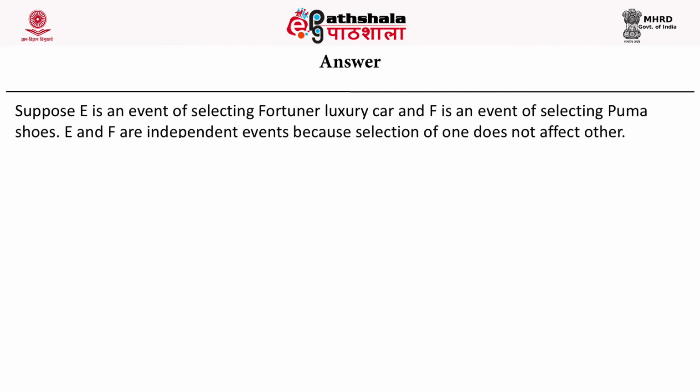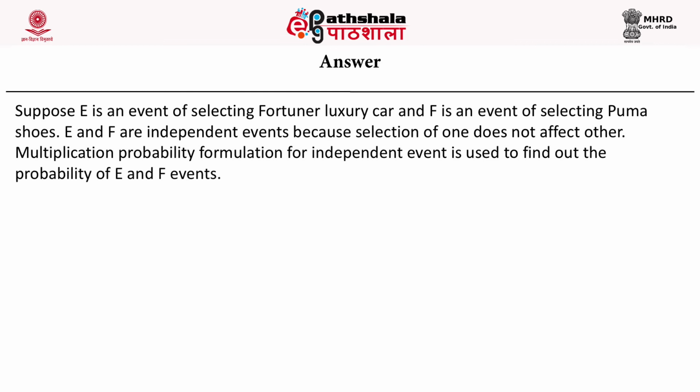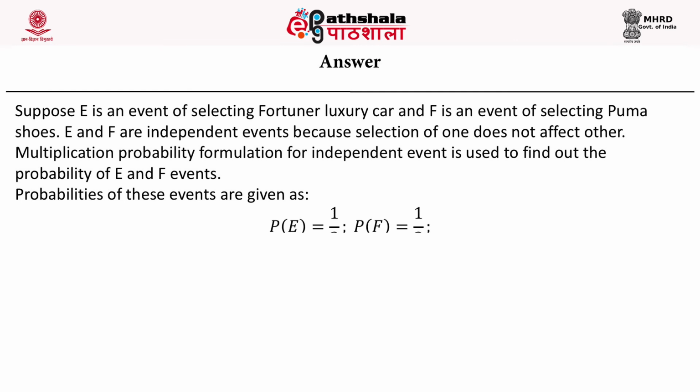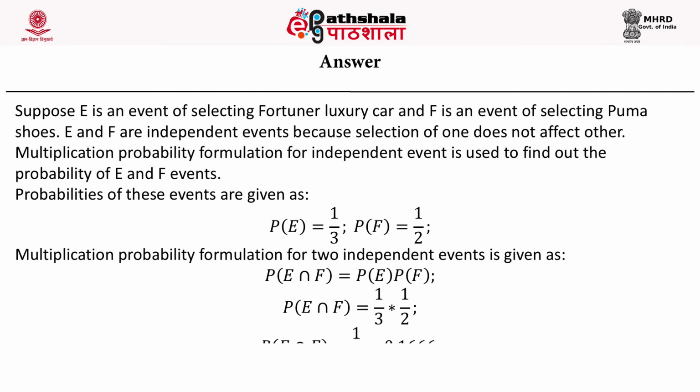Suppose E is an event of selecting the Fortuner luxury car and F is an event of selecting Puma shoes. E and F are independent events because selection of one does not affect the other. The multiplication probability formulation for independent events is used to find the probability of E and F events. The probabilities of these events are given as probability of E is equal to 1 by 3 and probability of F is equal to half.